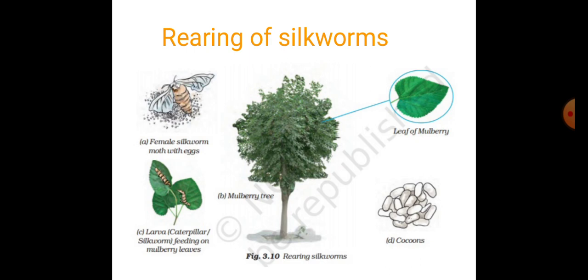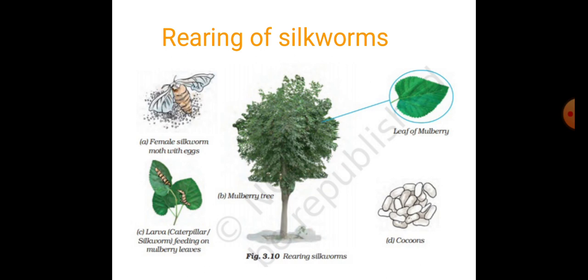An electrically warmed box inside which a substance can be kept at a desired temperature. In this incubator, the eggs are warmed to a suitable temperature for the larva to hatch from eggs. So in the incubator, the eggs are hatched.